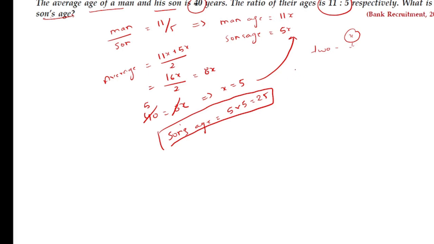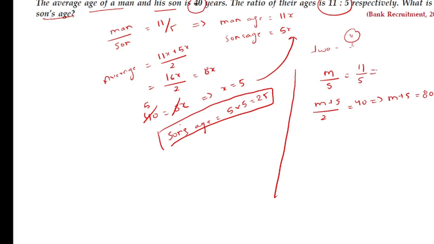In a traditional way also we can calculate this. Let's assume the man's age is m and the son's age is s. The ratio is 11/5, and given that m plus s by 2 is equal to 40. This implies m plus s is equal to 80. Since we need to find s, m is equal to 11 by 5 into s.